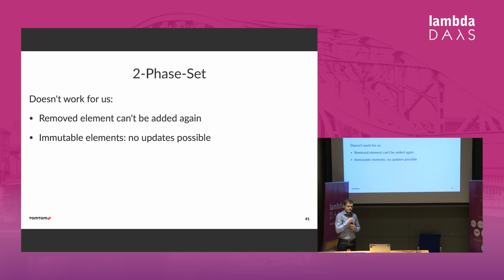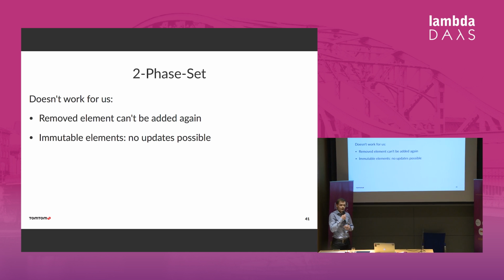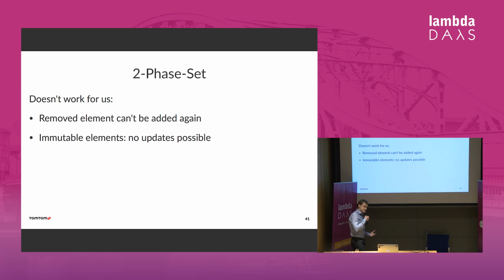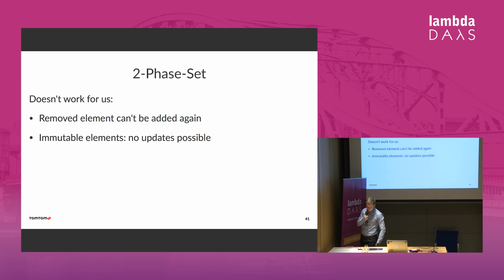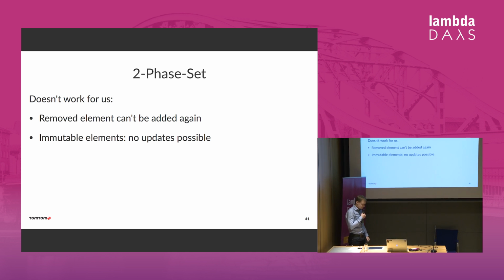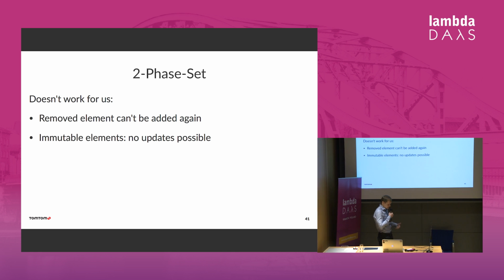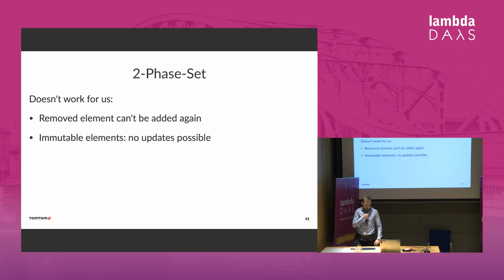Although it didn't work for us, for two reasons. One reason is that once an element has been removed from a two-phase set, it's removed forever, so you cannot re-add it. The second thing is a little bit more arguable. The elements are inherently immutable, so no updates are possible. Of course, with immutability, you can still model updates by removing the element and then adding the changed value again.